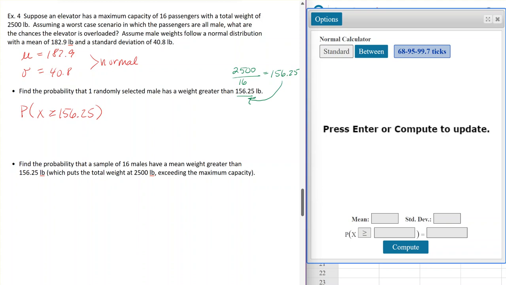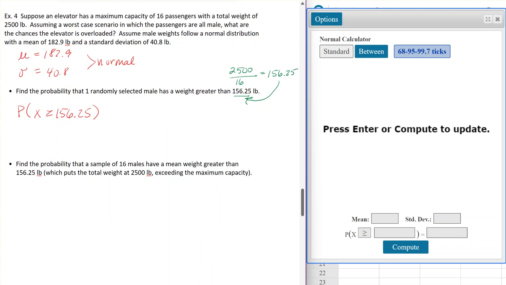So find the probability that one randomly selected male has a weight greater than 156.25. In this set of problems, it's important for us to understand, is my question about the population, or is this a question about a sample? From the first bullet, this is a question about the population, because it doesn't say anything about a sample of so many men.